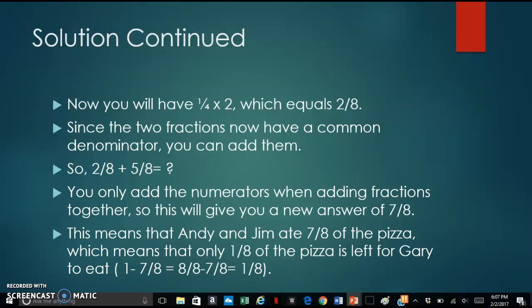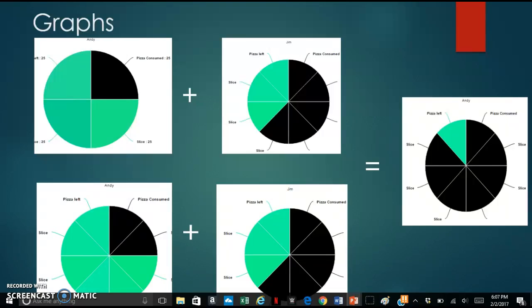You find that by subtracting the 7/8 that Jim and Andy ate from 1, or 8/8, which is an equivalent fraction to 1.